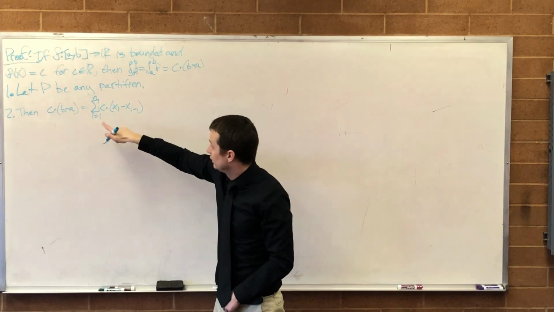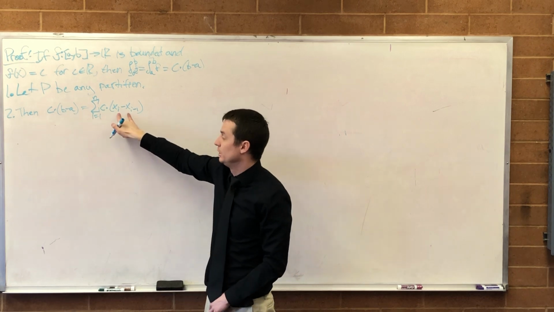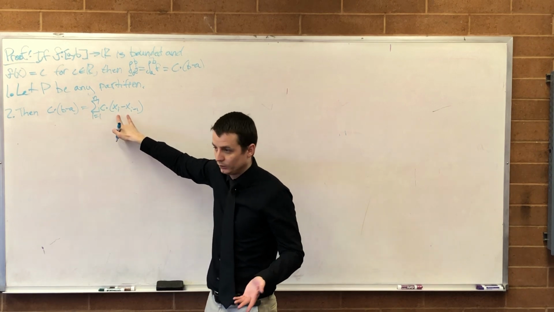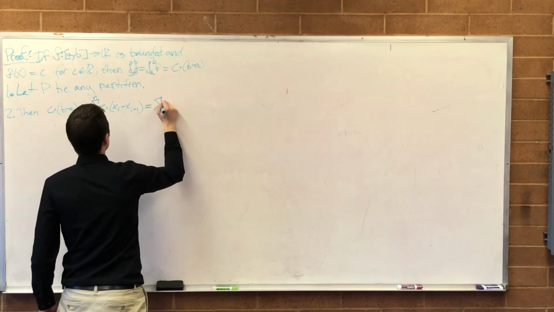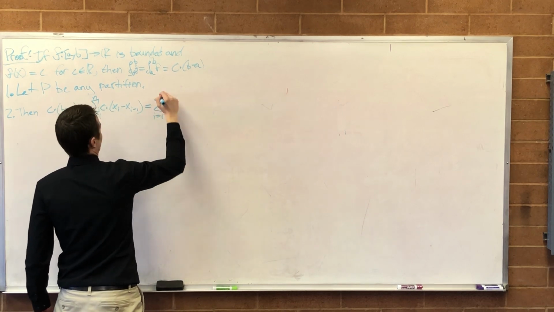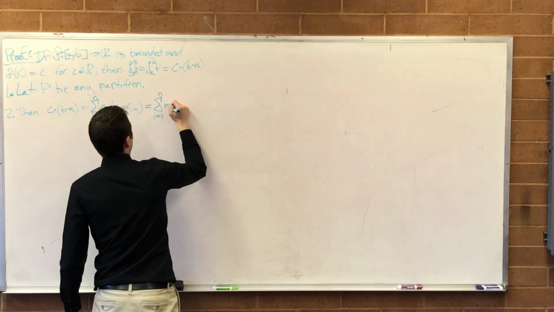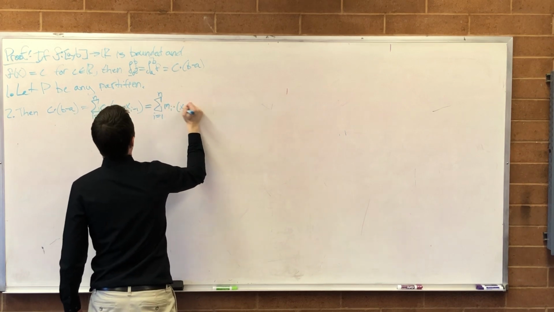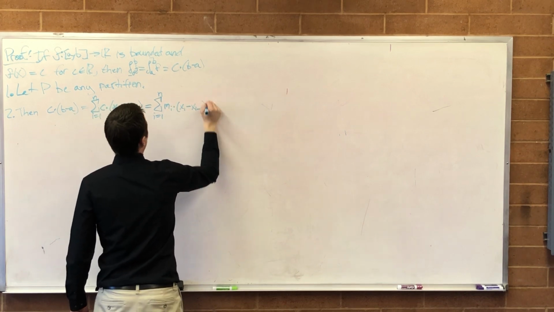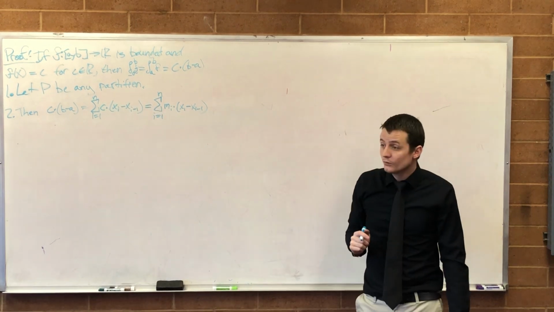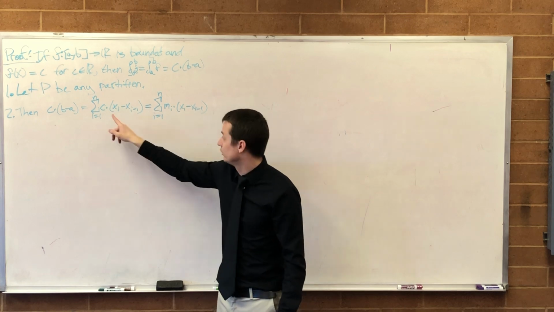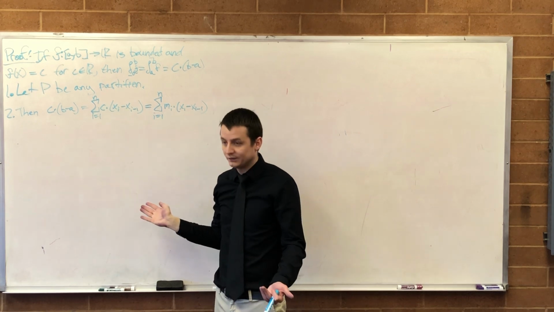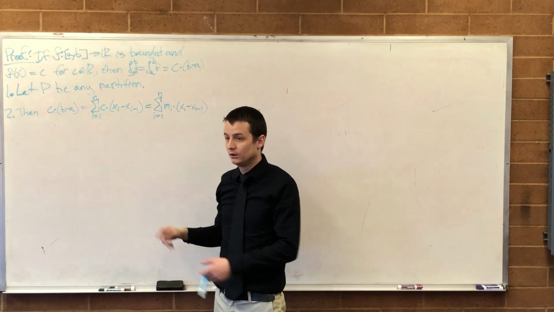All I'm doing is, instead of doing b minus a, rewriting it as a sum of all the partition intervals, which is equal to the sum from i equals 1 to n of little m sub i times x sub i minus x sub i minus 1. Obviously, the lowest point that the function achieves on any interval is just going to be c because the function is always c. You good?